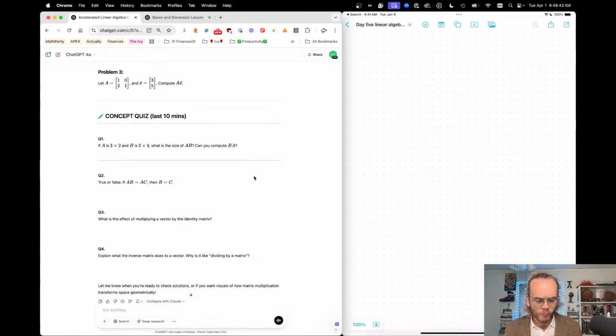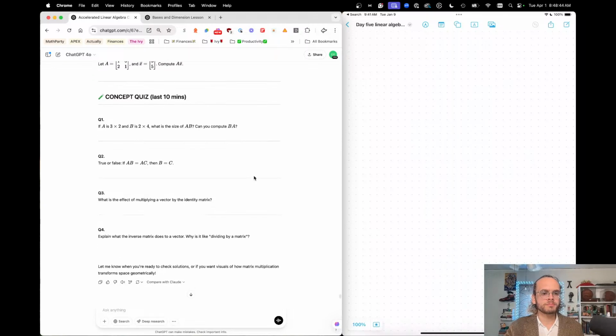Very messy. So, asked, what is the effect of multiplying a vector by the identity matrix? Well, they didn't explain that at all. Again, I'm seeing the shortcomings of using ChatGPT only to teach you linear algebra. They asked questions that they just clearly didn't explain, but the effect of multiplying a vector by the identity matrix, I assume, is that the vector remains unchanged. That's sort of the point of the identity matrix, is that it's like 1.